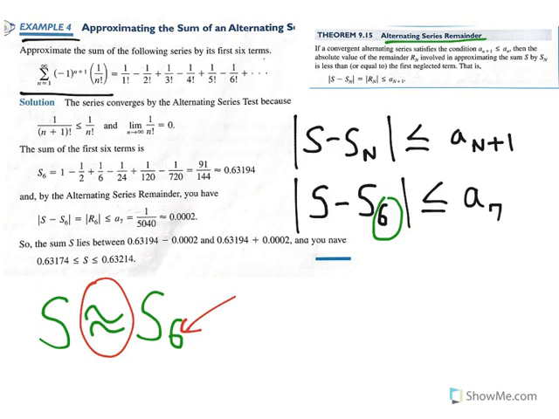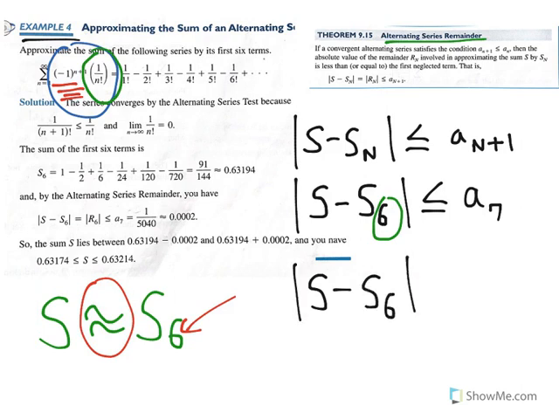So what is the 7th term? And what do you look at from the nth term? You only look at the unsigned part of it. You don't look at the negative 1 to the n plus 1. You're just looking at the 1 over n factorial. So according to the alternating series remainder theorem, the absolute value of the difference between the infinite sum and our 6th partial sum approximation will be less than or equal to the first neglected term.